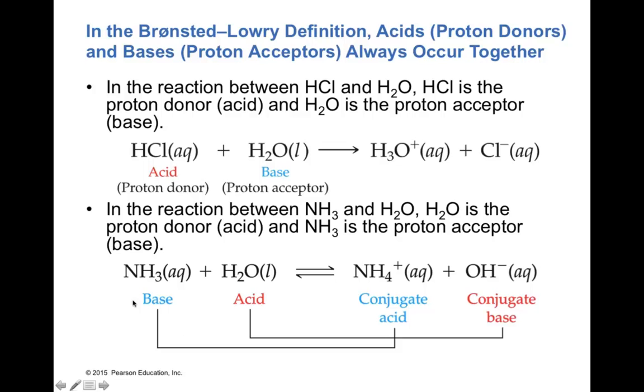So this is the base and this is the conjugate acid. This is the acid and this is considered the conjugate base. Okay, so this is when we have an equilibrium type of reaction. So the base will produce a conjugate acid and the acid will produce a conjugate base.